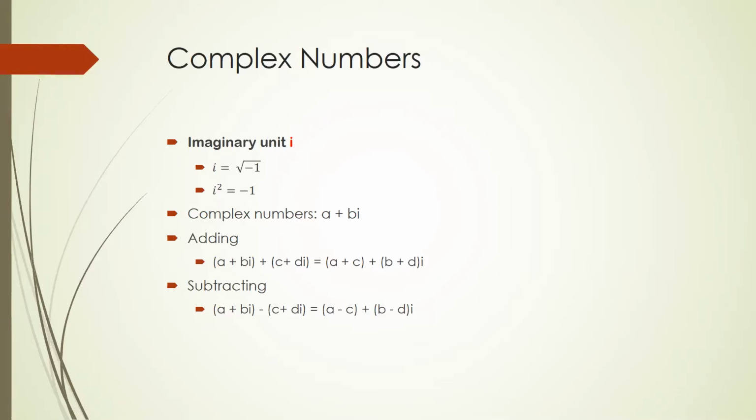The next part is a complex number, a plus b times i. So this works under the numbers that we have of real numbers and imaginary numbers. With the real numbers, b is equal to 0, whereas with the imaginary numbers, we have b not equal to 0.